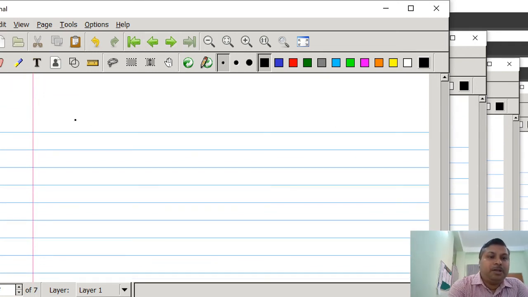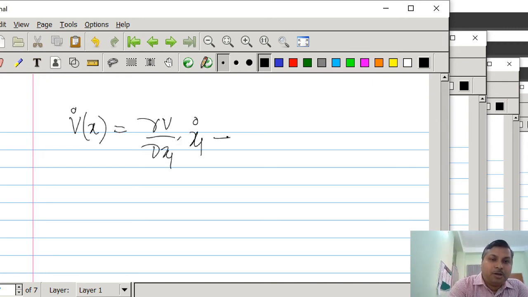So for V dot of x, similarly to the earlier one, it will be del V by del x1 into x1 dot plus del V by del x2 into x2 dot, because it is a function of x, but we are taking the time derivative.